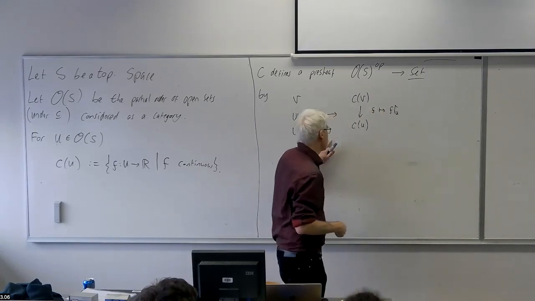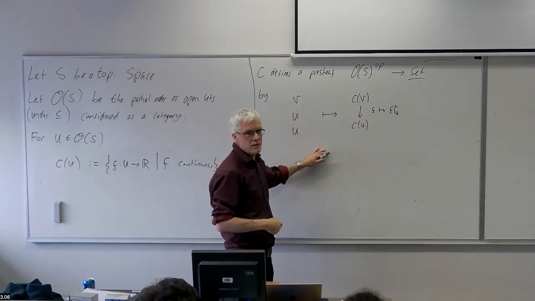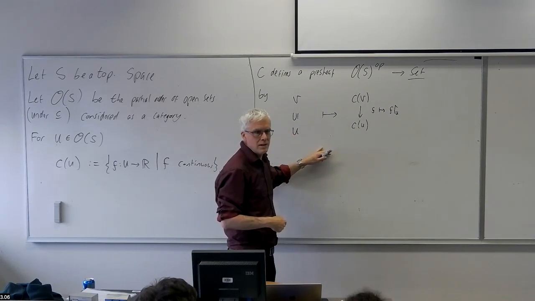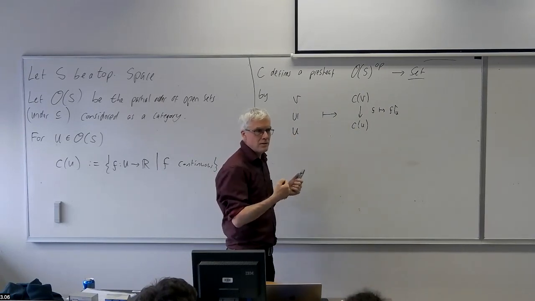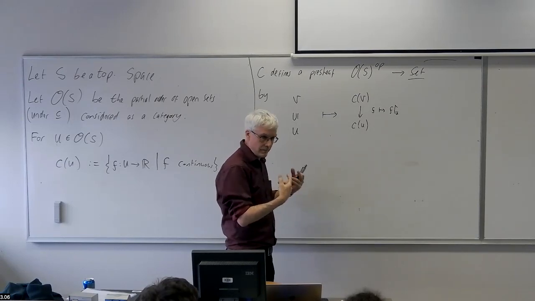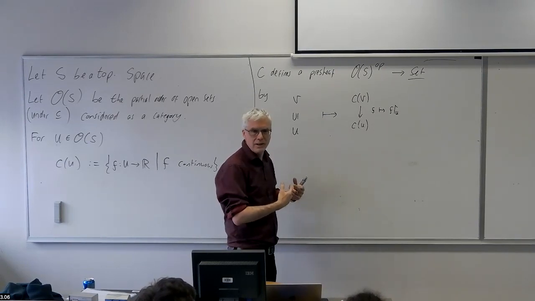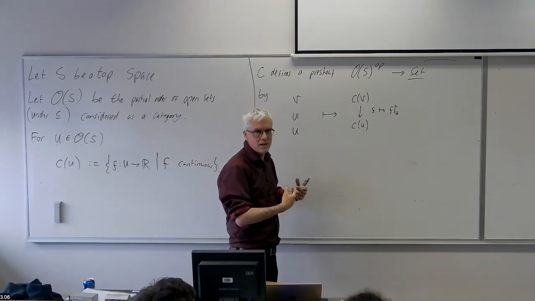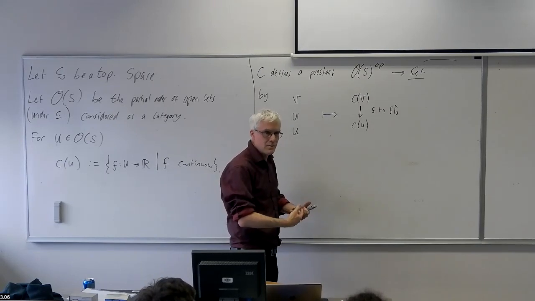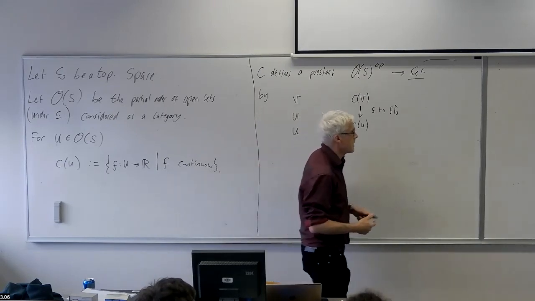And because of that, continuous functions enjoy the property that if you've got a bunch of continuous functions on open subsets of a larger set, and those continuous functions agree wherever the open subsets overlap, then you can glue all the functions together, you can amalgamate all the functions to get a continuous function on the whole set.